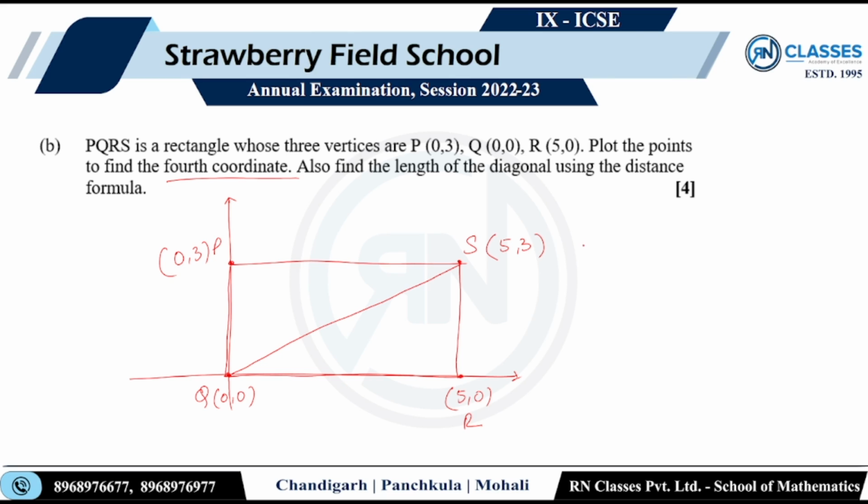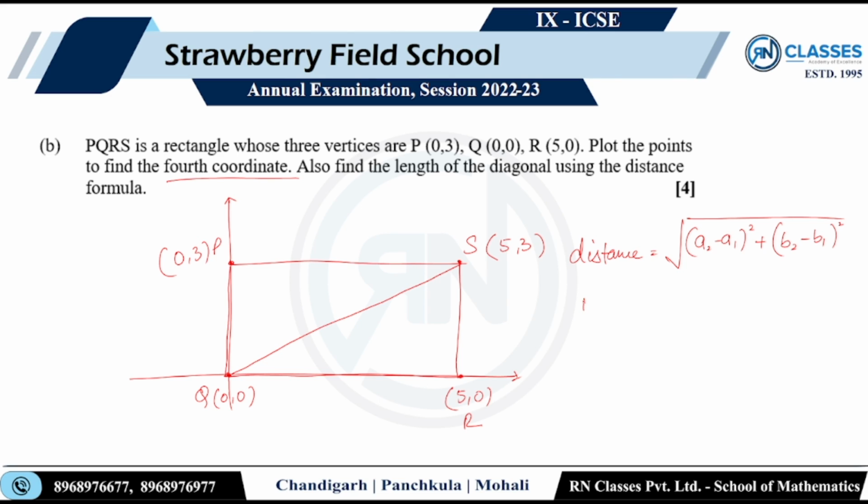Now the last part would be भाई Q से S को ज्वाइन कर दो. Now write the distance formula. Distance क्या होगा? Under root of A2 minus A1 whole square plus B2 minus B1 whole square. Cool.